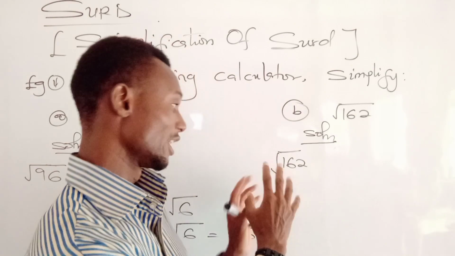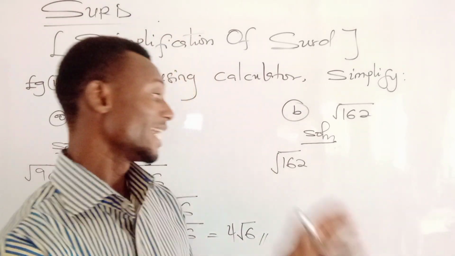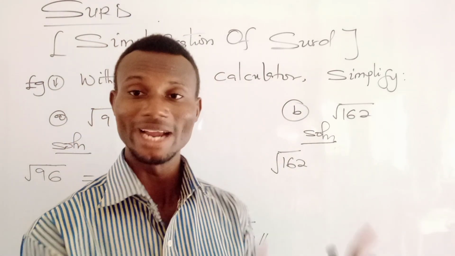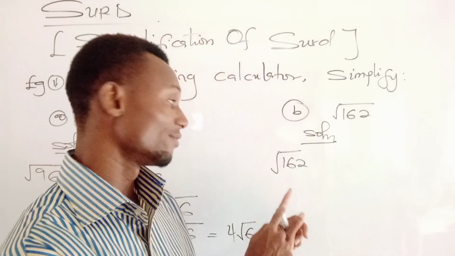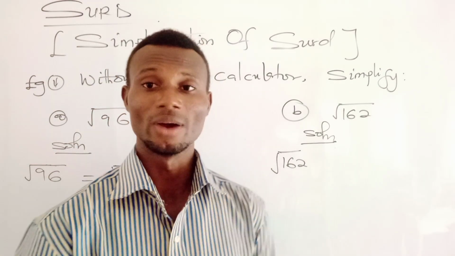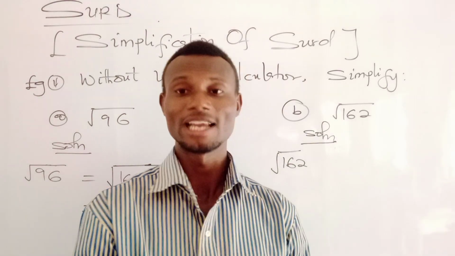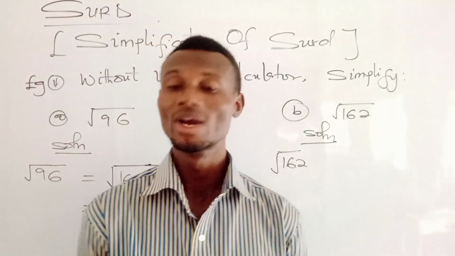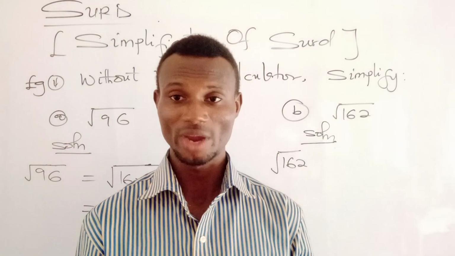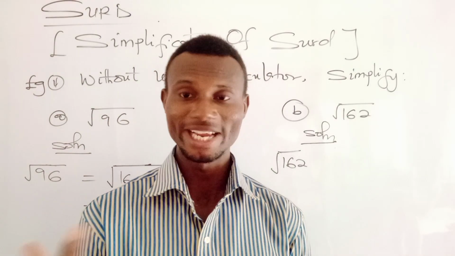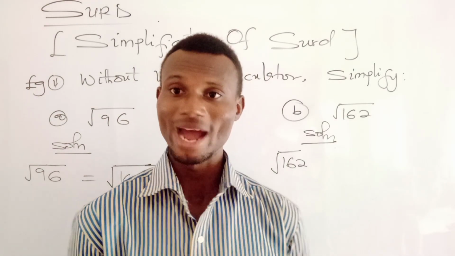So the 2 numbers are going to be 81 and 2. So 81 times 2 gives 162. I hope you agree with me up to this point. 81 times 2 gives 162, and 81 is a perfect square, because 9 squared gives 81.